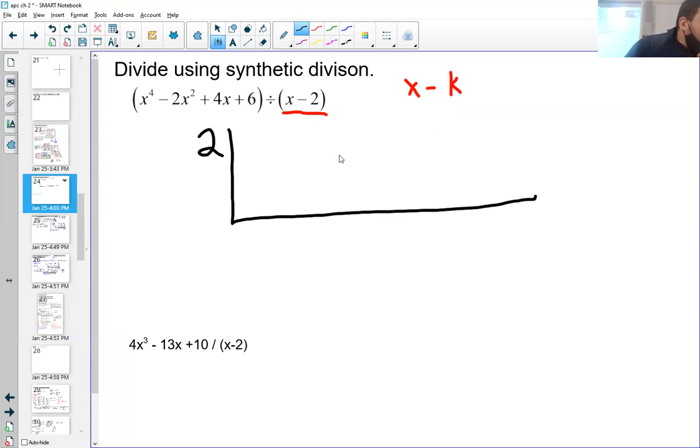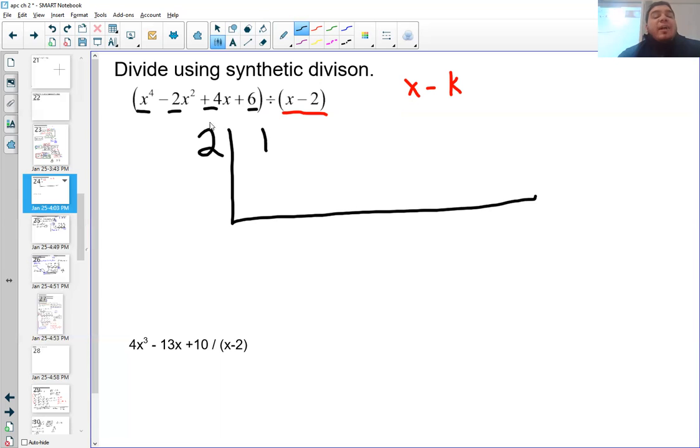All right, so that's 2. Now, what we're going to put is the coefficients in front. For this one, we're going to start with x to the 4th. What number is in front of x to the 4th? 1.